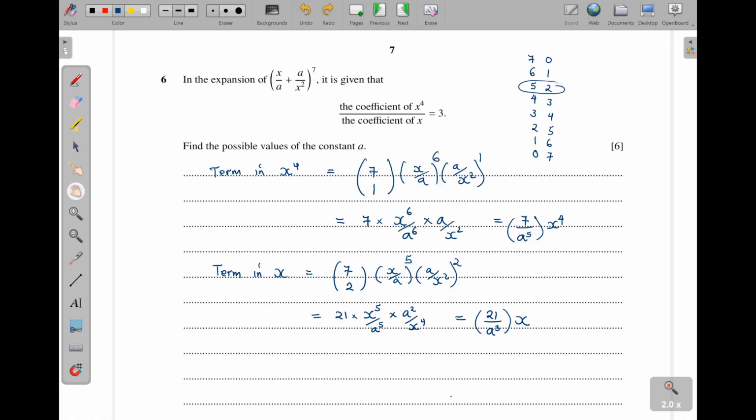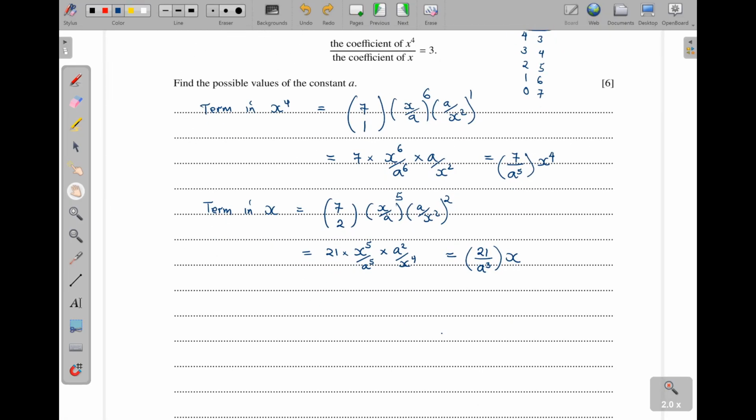Now they say that the coefficient of x^4, when you divide it by the coefficient of x, it's not cubed, sorry, of x, then we get a 3.